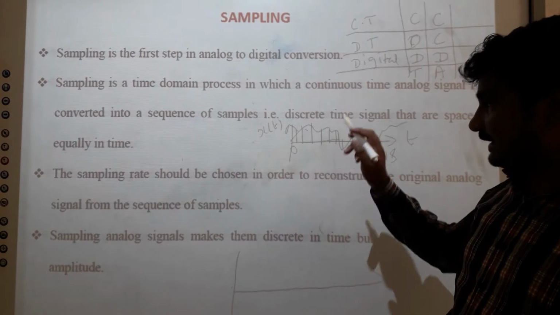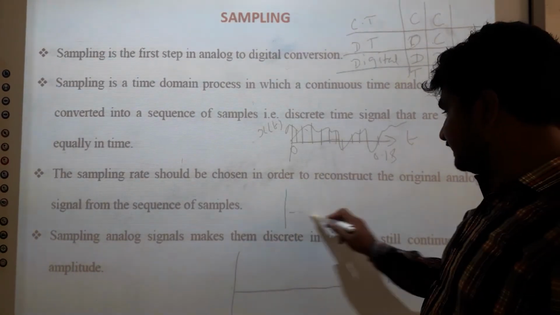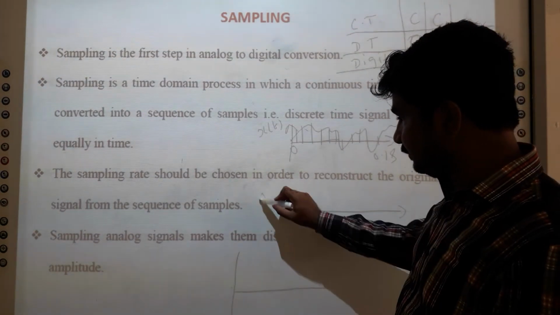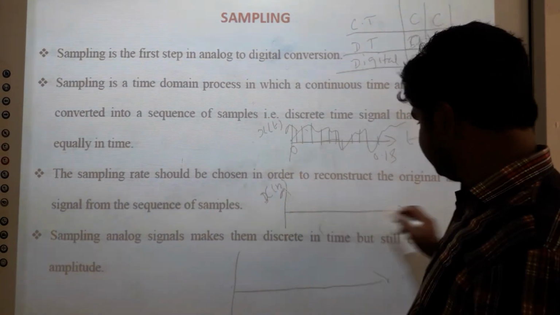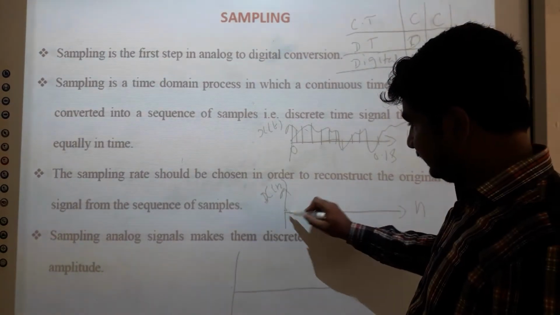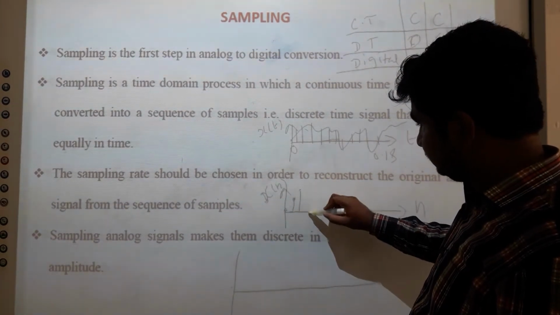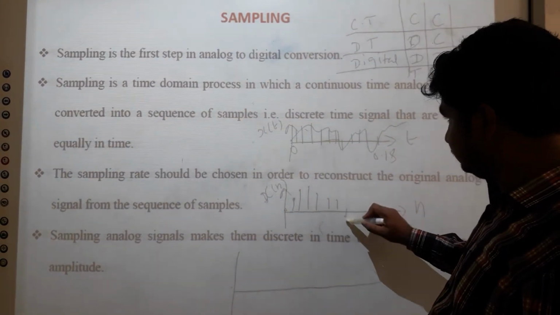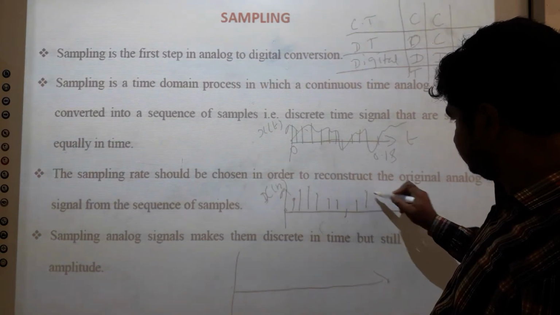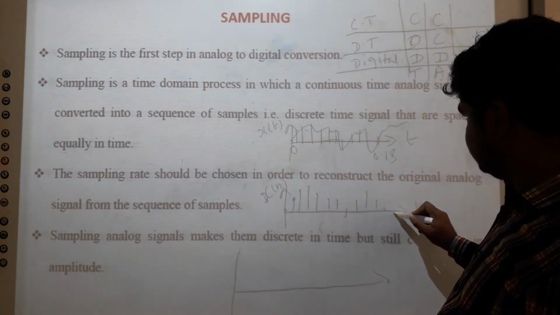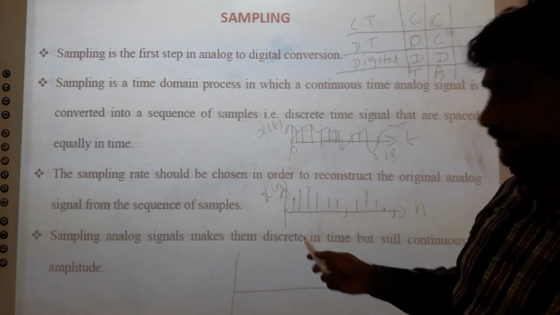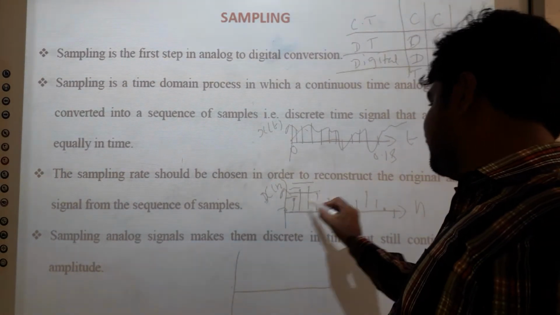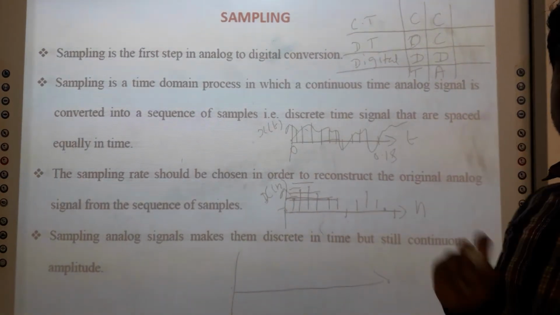So, after doing sampling, the continuous time signal will be converted into a discrete time signal, but anyhow the amplitudes of these signals are not discretized.